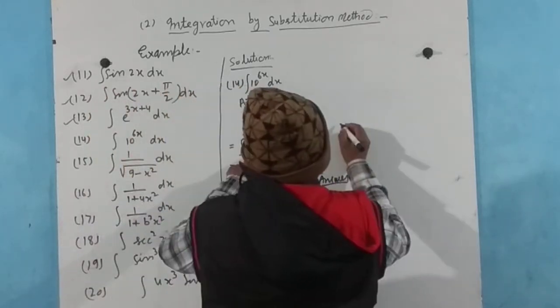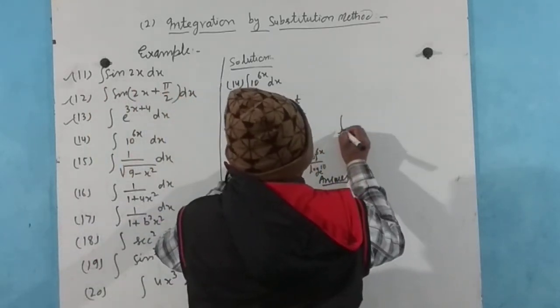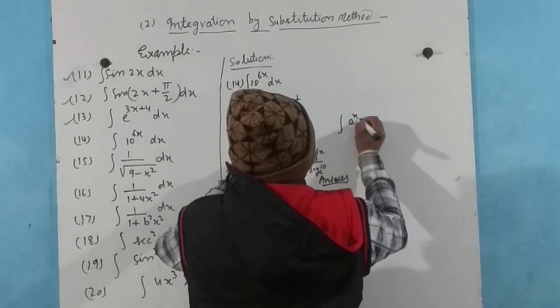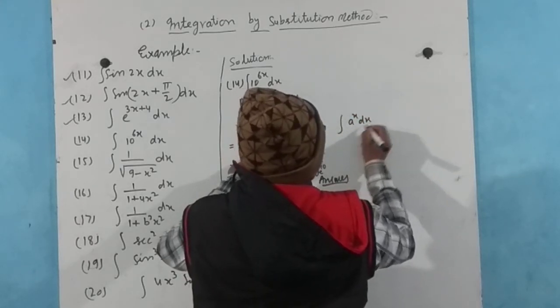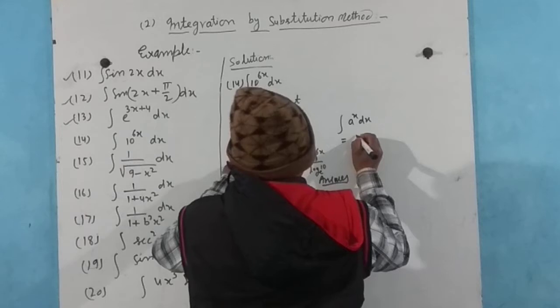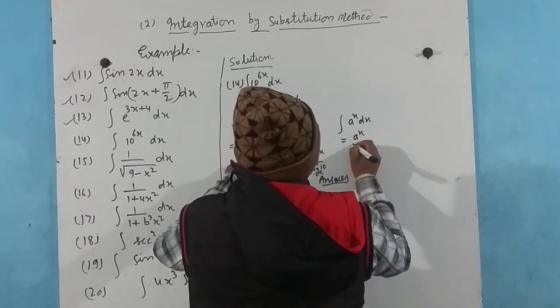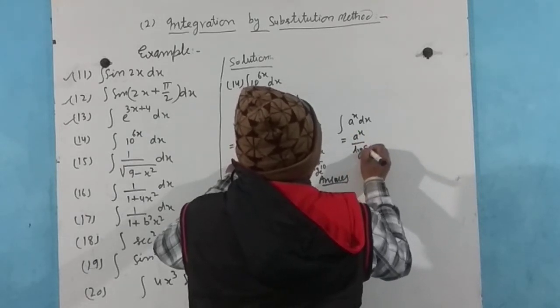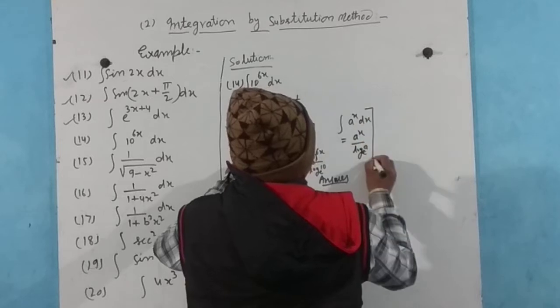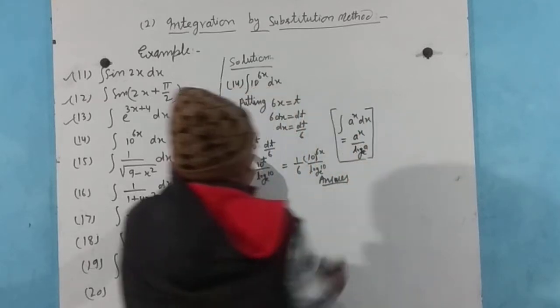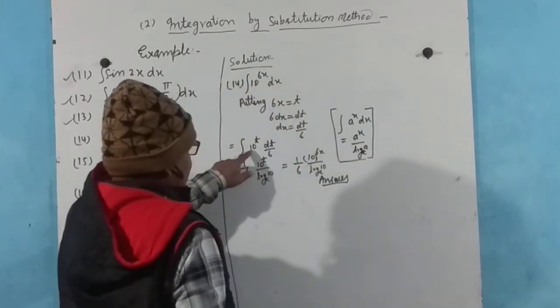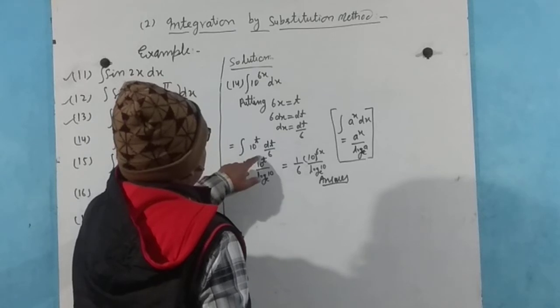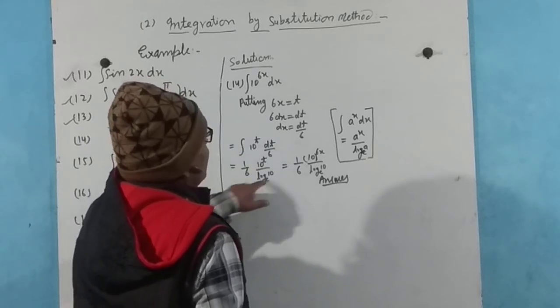And integration of this, as you know that integration of a power x dx equal to a power x divided by log a base e. This is a formula. Apply this. 10 power t divided by log a.